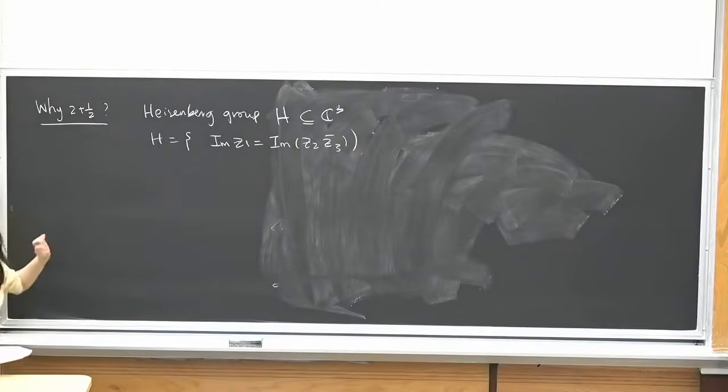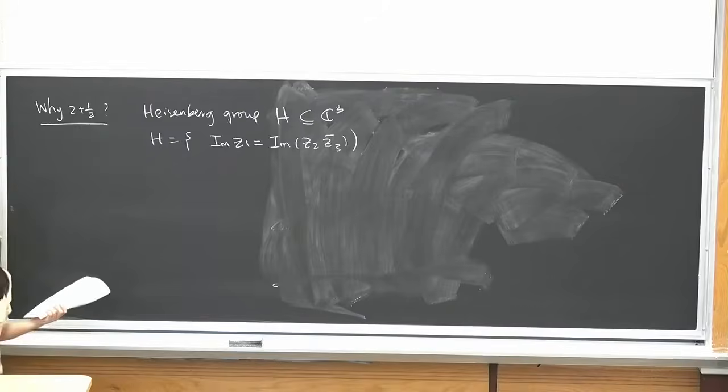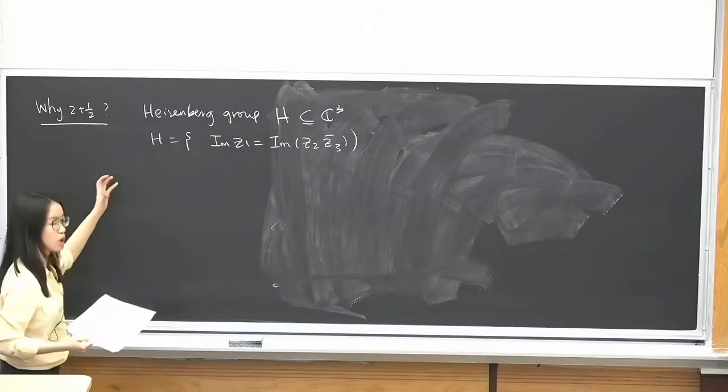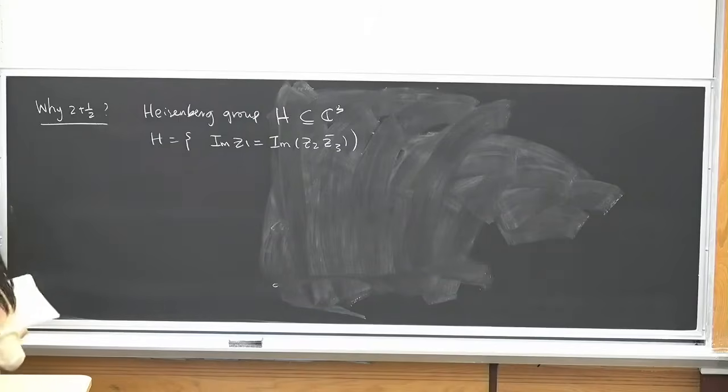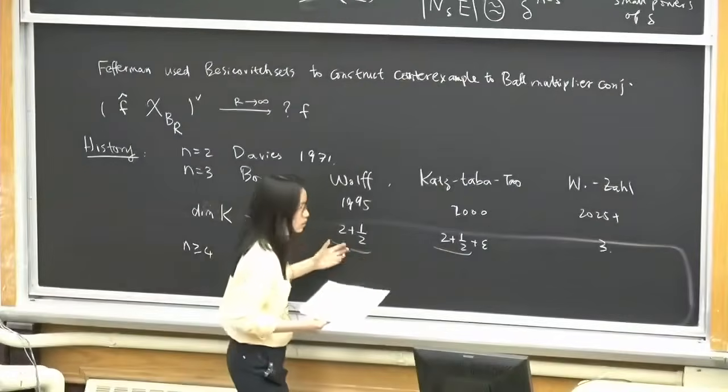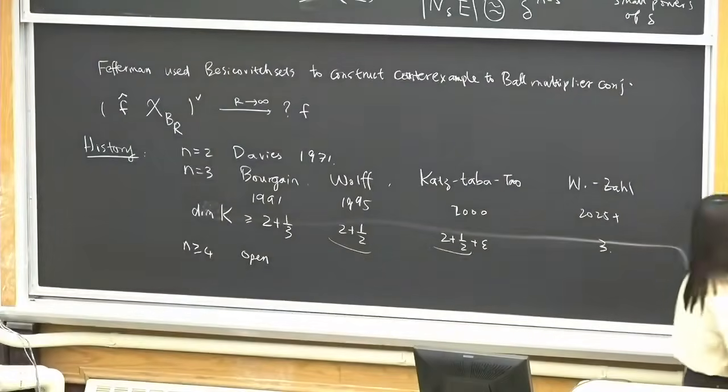This example is sharp for Wolff's argument. It's a set that has all the properties that Tom Wolff used to prove that the Kakeya set should have dimension greater or equal than 2 plus 1/2.